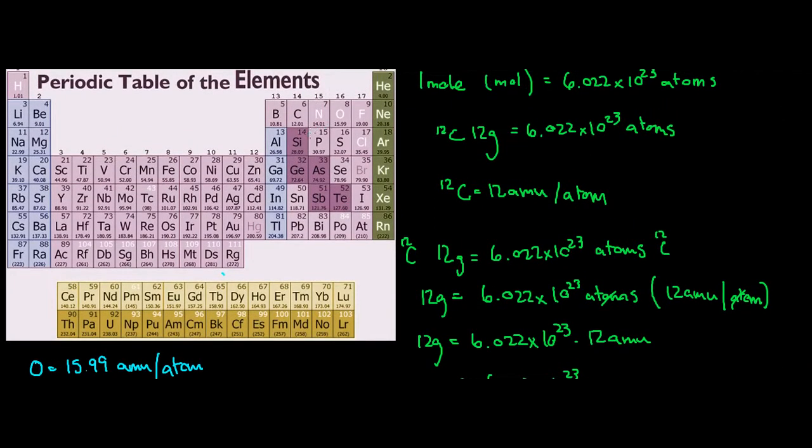So let's take neon, which has 20.18. That means if I have a mole of neon atoms, they're going to have a mass of 20.18 grams. If I have a mole of lead, that is going to have a mass of 207.2.